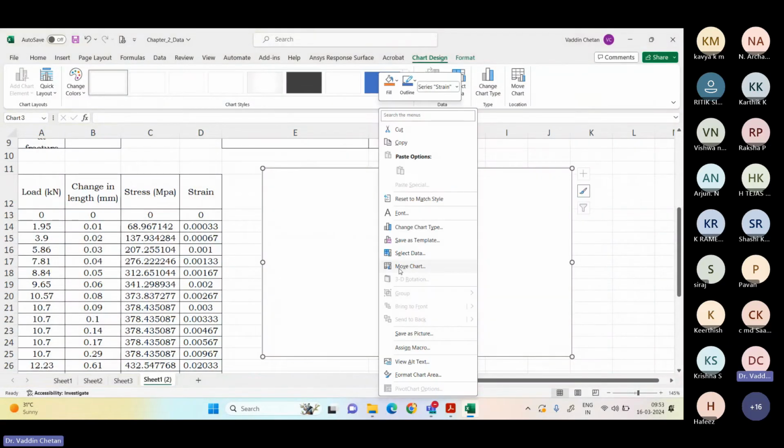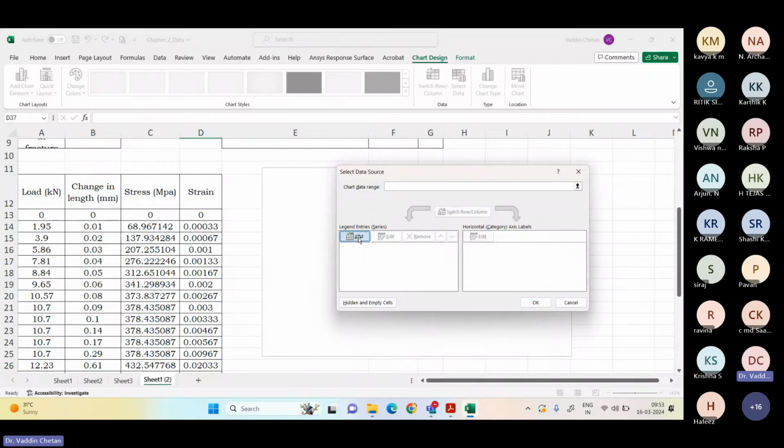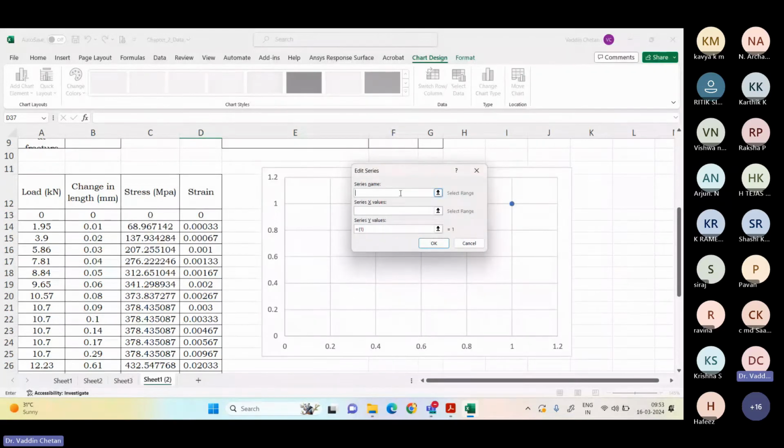Right click on that graph, select Select Data, then choose Add. You can give the series name as stress strain curve. You can give any name.